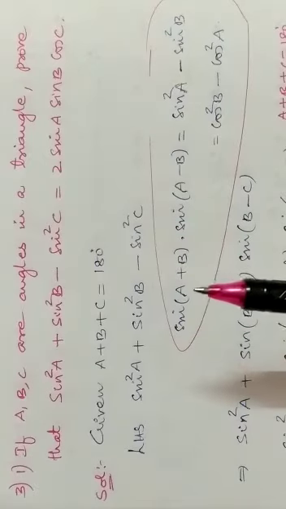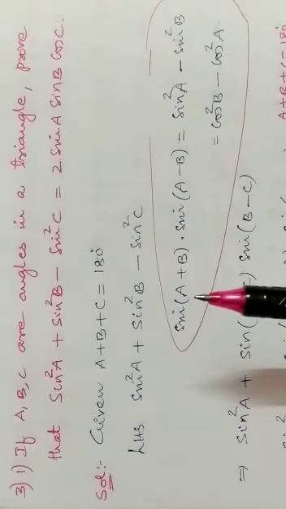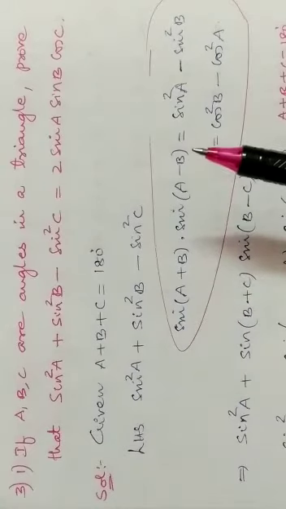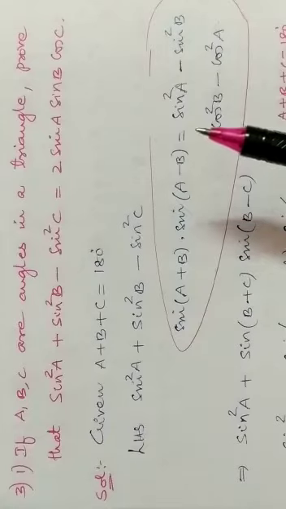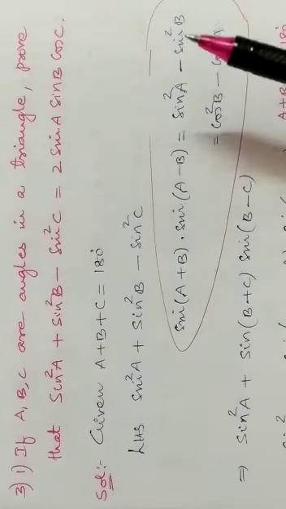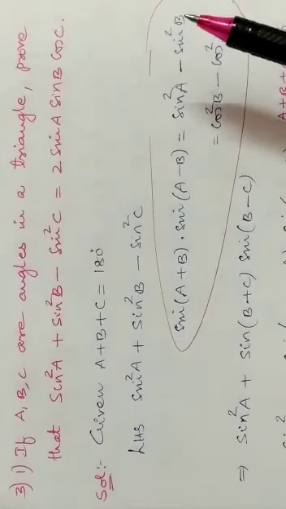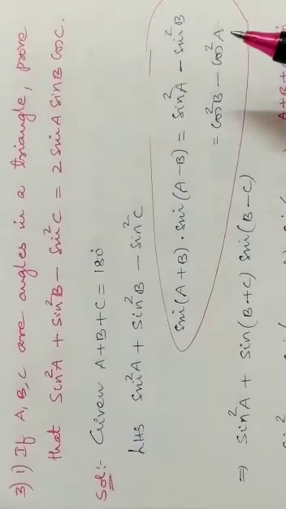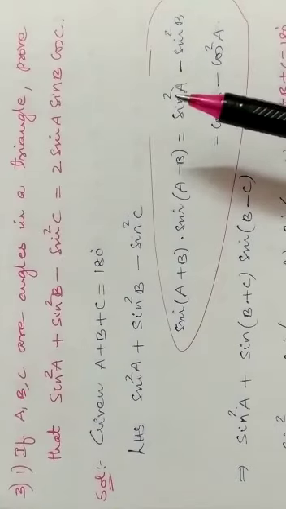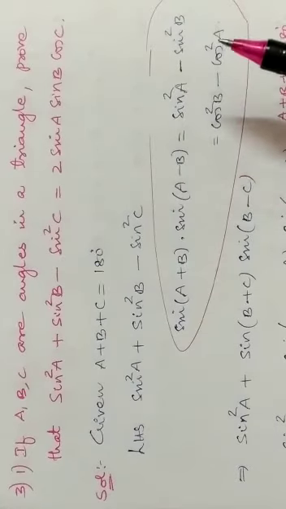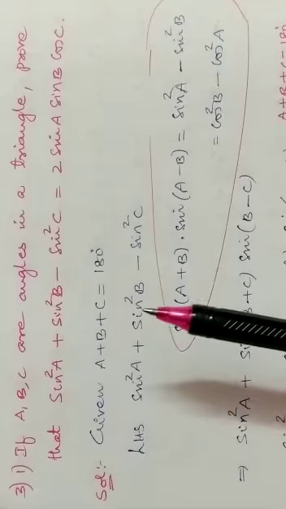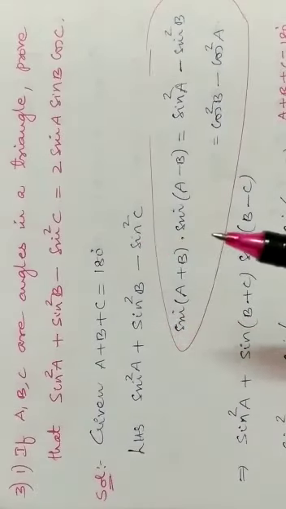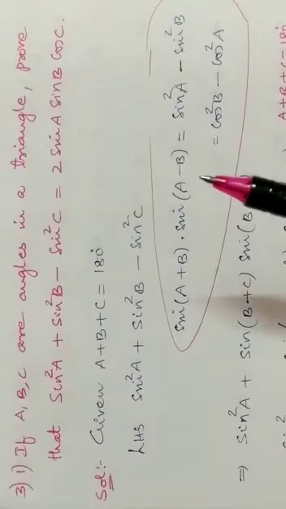See here, I have written sin A plus B into sin A minus B. The formulae are sin²A minus sin²B or cos²B minus cos²A, having squares here. Since in the problem you are having squares, you have to use this kind of formula.